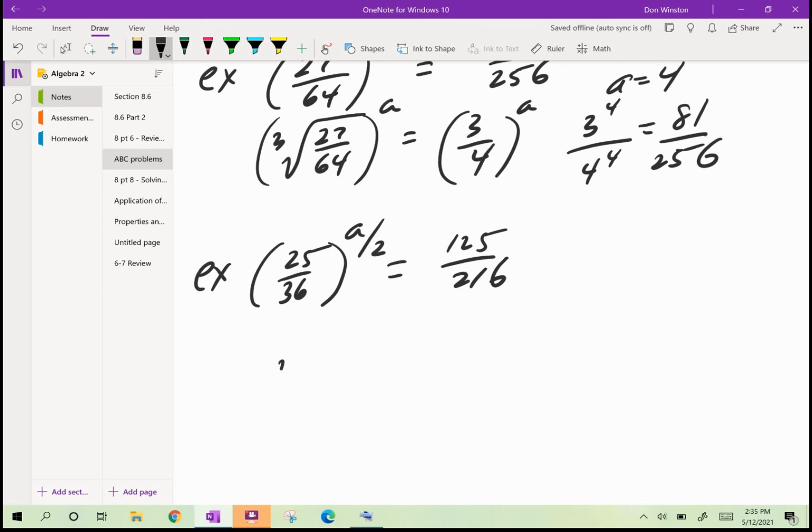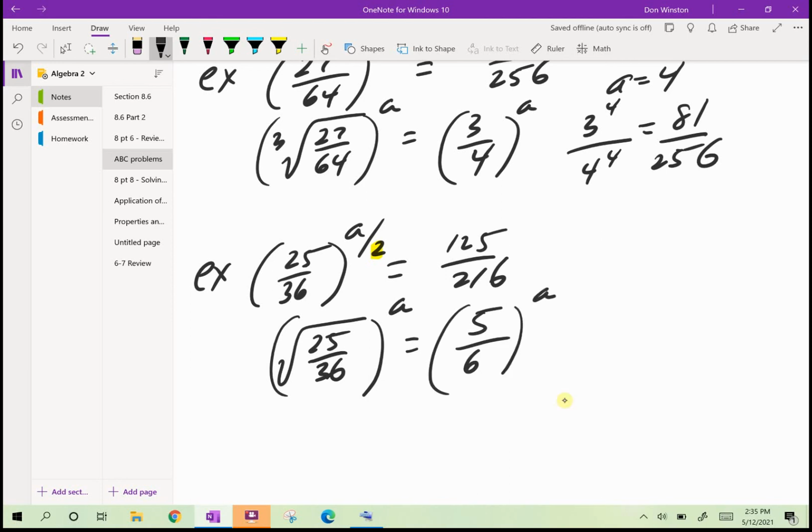So again, I'm taking the square root, because my index there is 2, so I'm taking the square root of 25 over 36, and I'm going to raise everything to the A. The square root of 25 is 5, and the square root of 36 is 6, and I raise everything to the A. I want 125, so that means A has to be 3. Why? Because 5 to the 3rd over 6 to the 3rd will give me 125 over 216. All right, just reversing the process here.